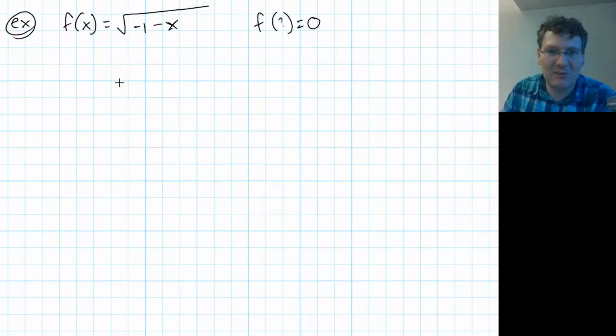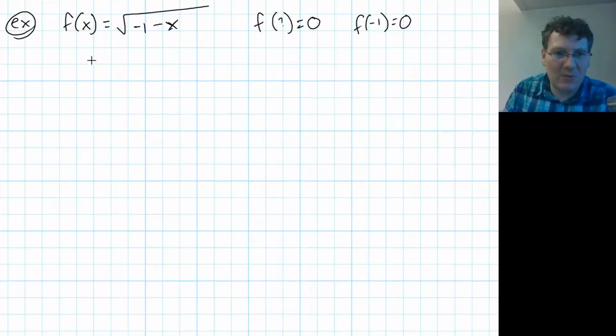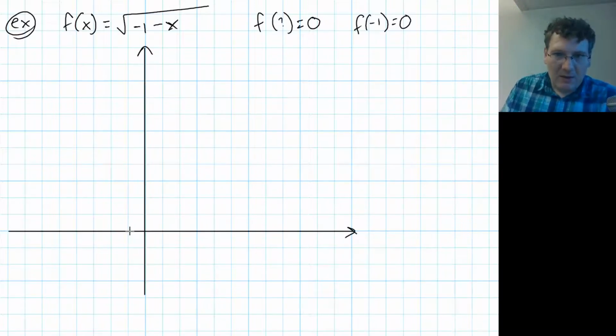That's when x is -1. f of -1 is going to give me 0, right? So the graph is going to look like this. It's going to go up like this and hit these marks.